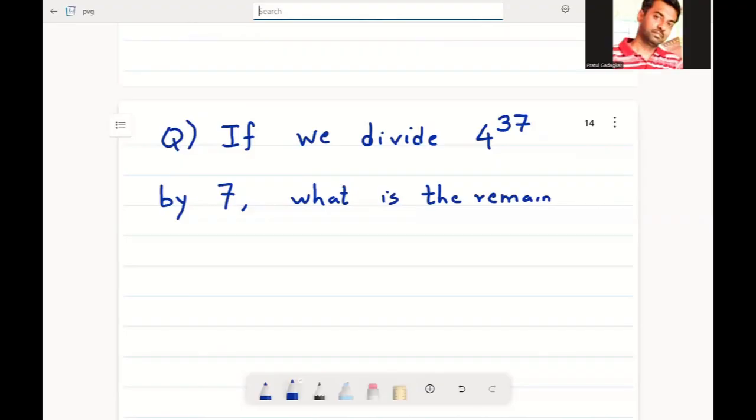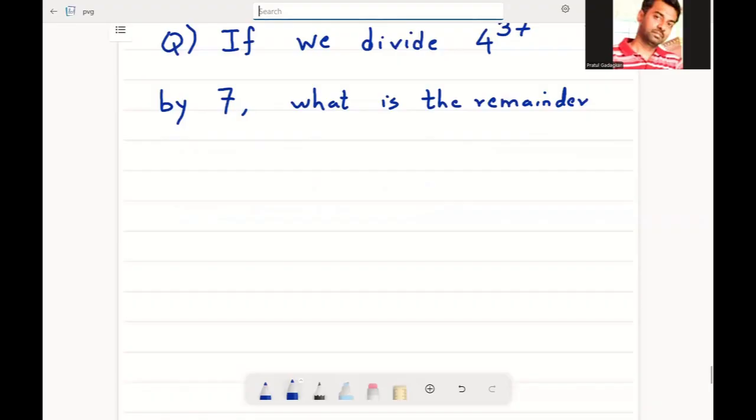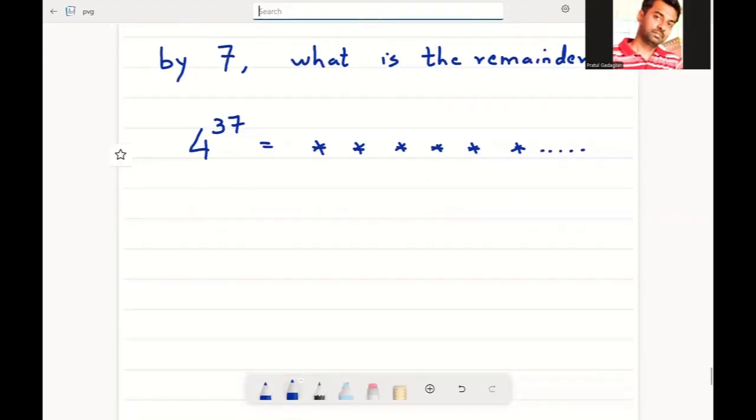Pictorially, what comes into my mind is that 4 raised to 37 is a very, very large number, a very big number. And I'm going to divide this 4 raised to 37 by 7.